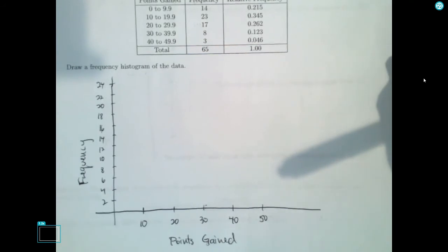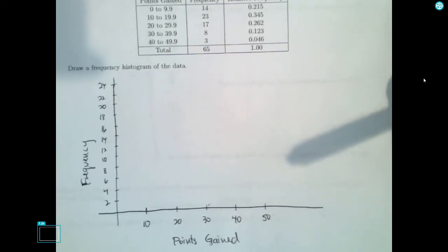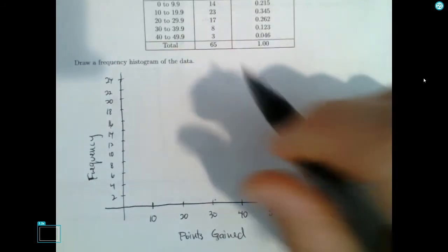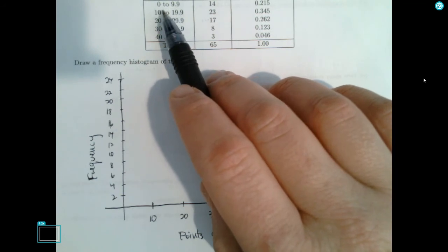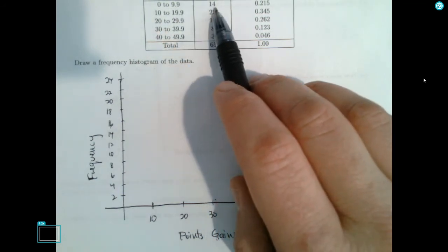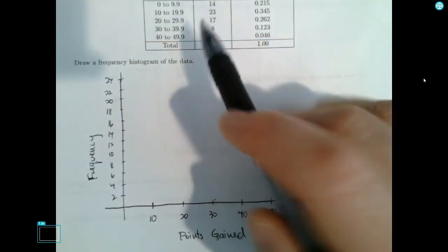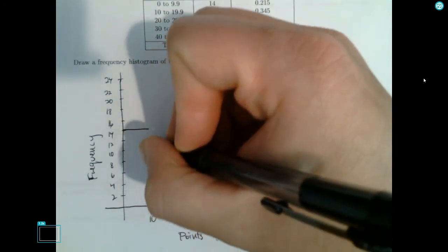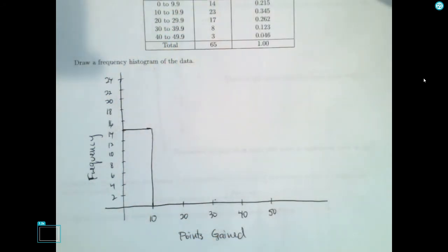Now I'm going to draw my histogram, and when I draw it, I'm not going to have any gaps between the bars. The first class, 0 to 9.9, had 14 people in that class. So I'm going to draw a bar at 14, and the bar should be between 0 and 9.9, right? So I'm going to draw it like that.